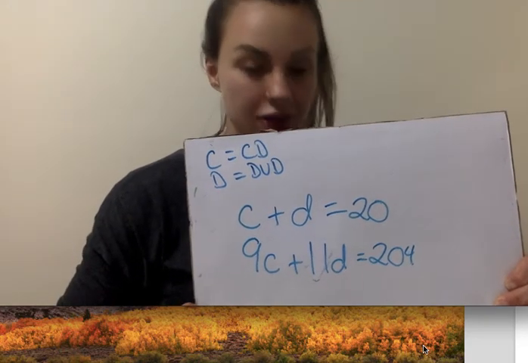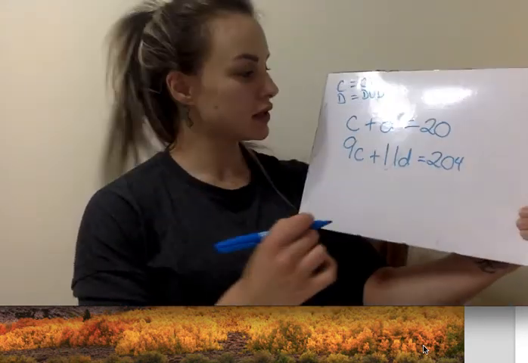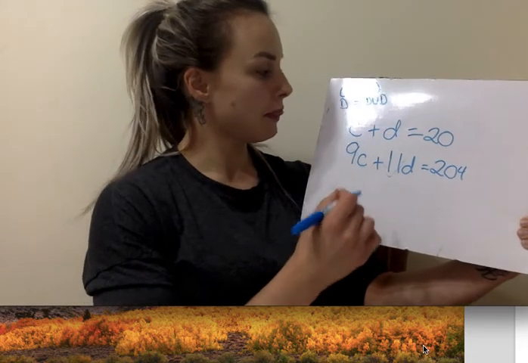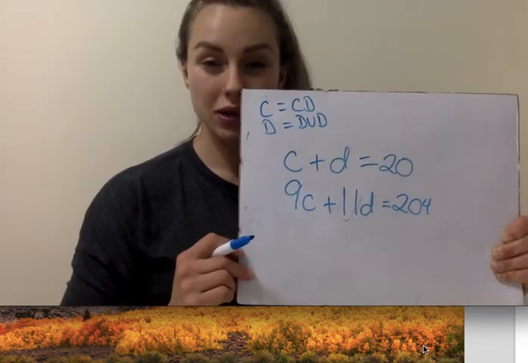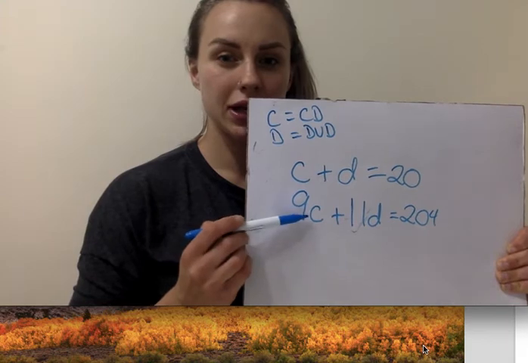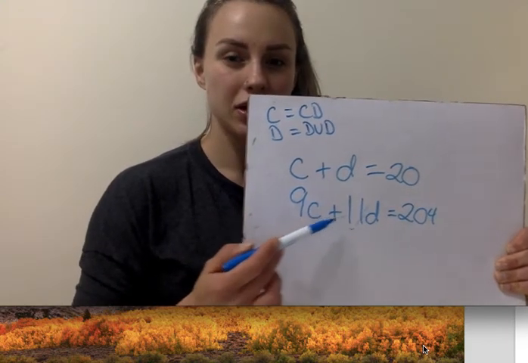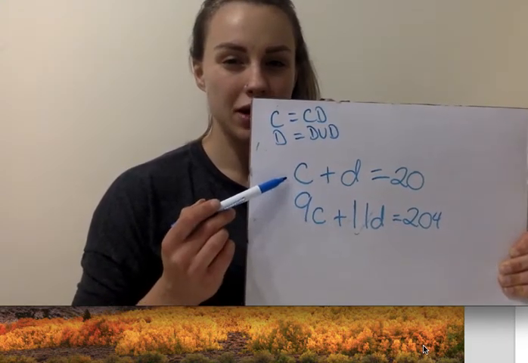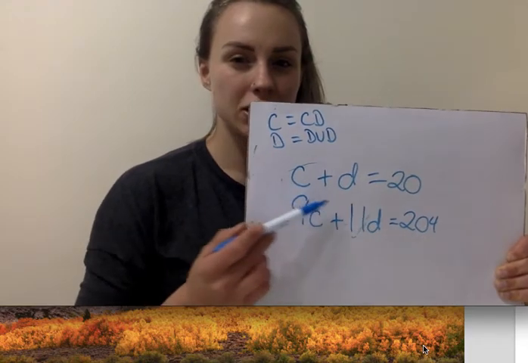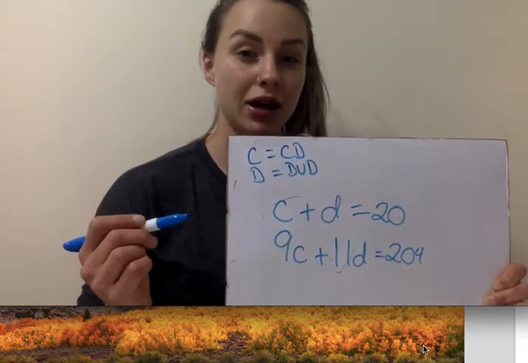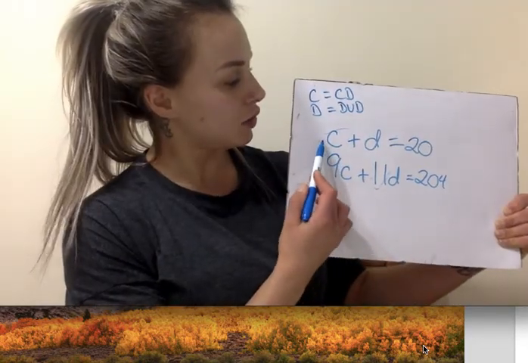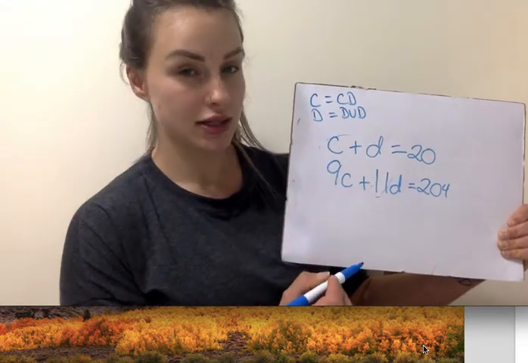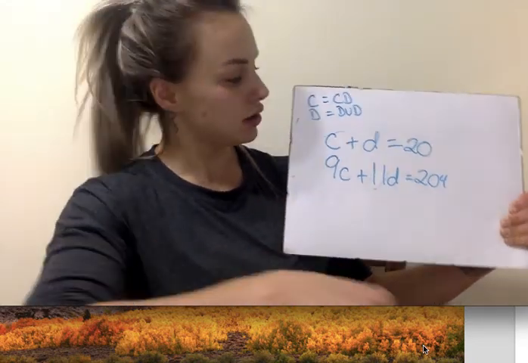So I should have done these equations the other way around, but that's okay. For us to do elimination, we now need to get something that is the same. So what I would recommend is timesing this whole equation by 9, because if we do that, we'll have a 9C and a 9C, and then we can eliminate.